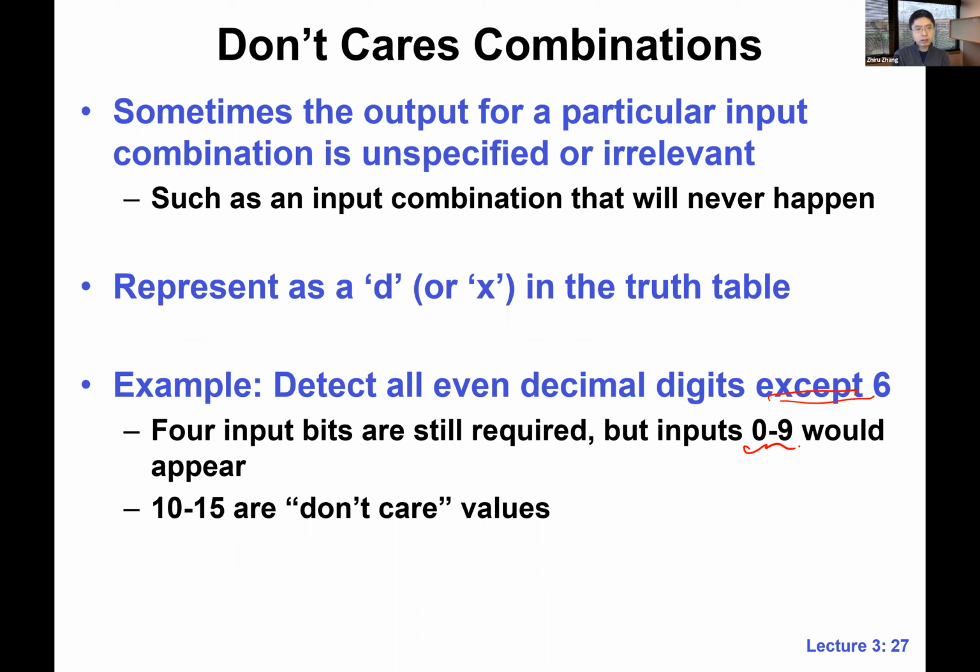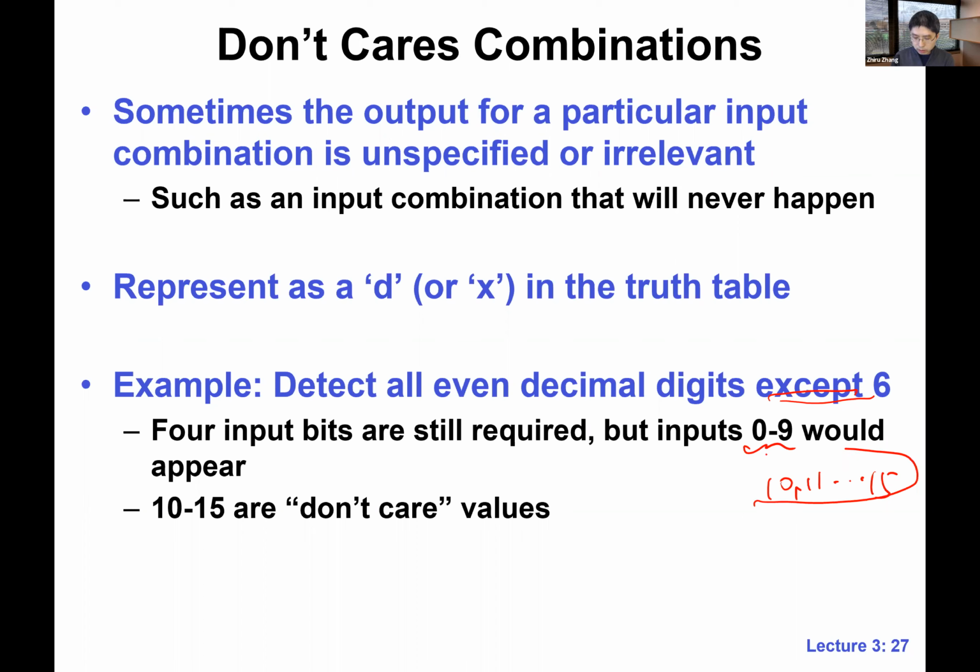But this means that there is something that's not specified. For the numbers like 10, 11, all the way to 15, because with 4 bits we can represent decimal numbers from 0 to 15. But in this specific problem, we only care about the input from 0 to 9, according to the problem statement for the input set.